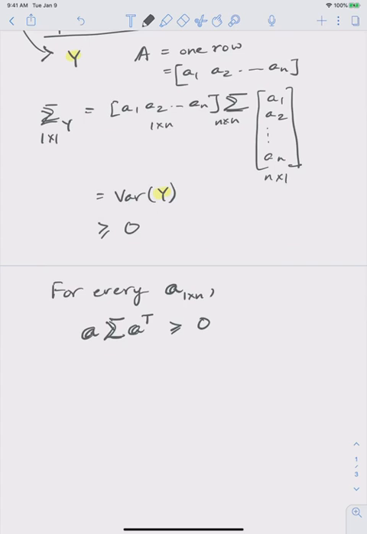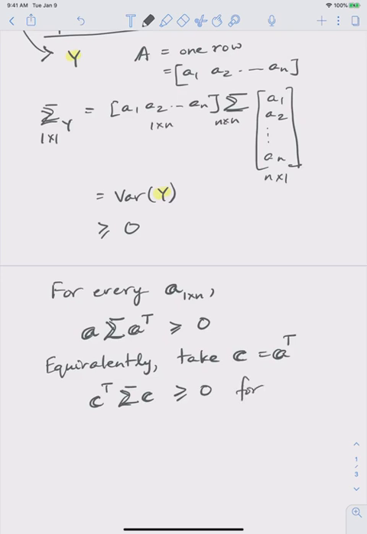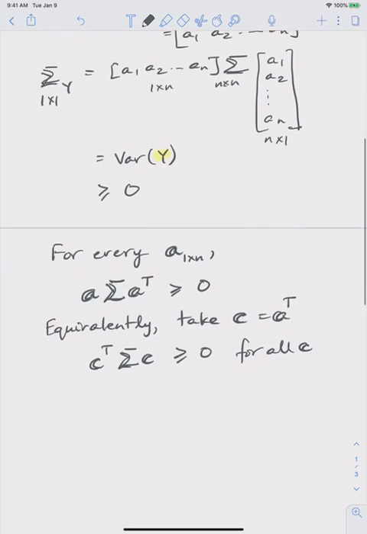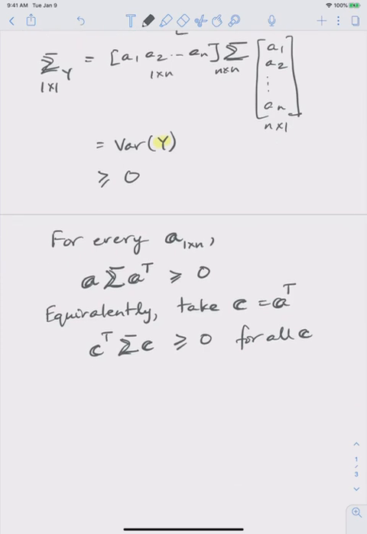And another way of writing that: if you take the vector C to be A transpose, then C transpose sigma C is non-negative for all C, and this is the condition for a matrix to be positive semi-definite.